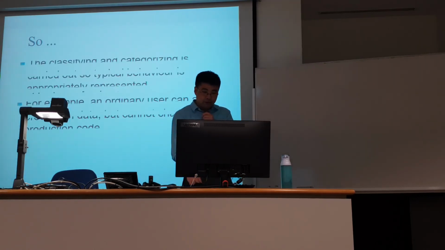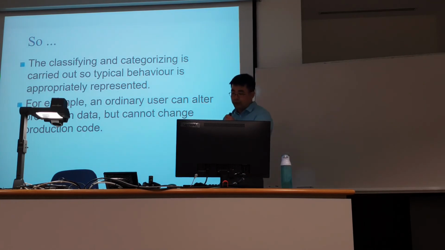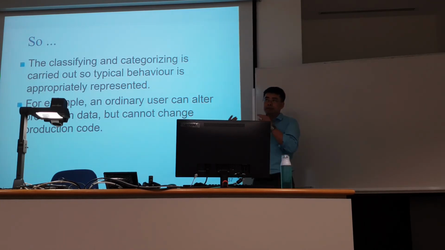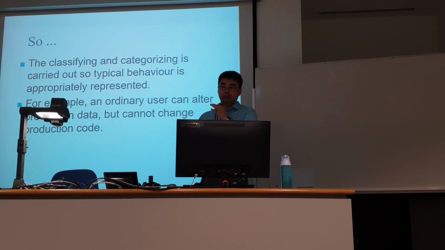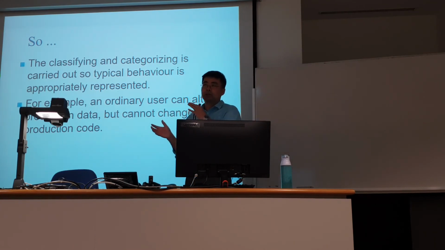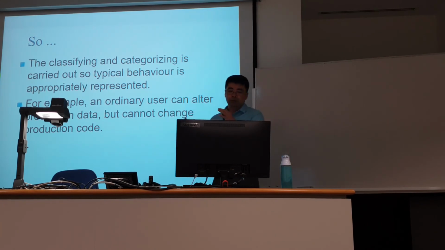Right, so once you have these two lattices, then you can enforce both rules. For the first lattice, for confidentiality, you always have no read up, no write down. For the second lattice, you always have no write up, no read down. Then we can have both confidentiality and integrity achieved.